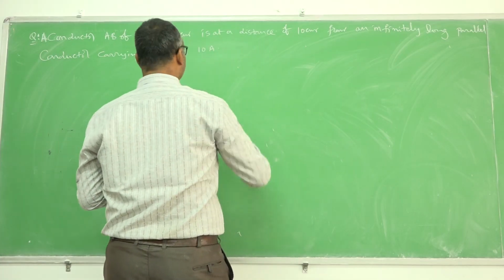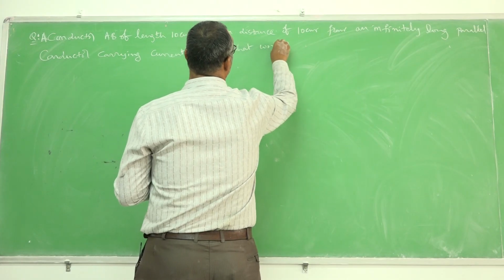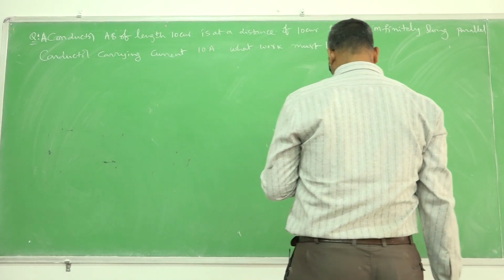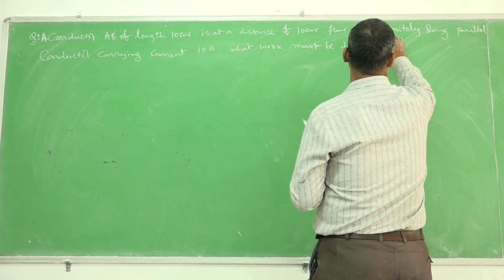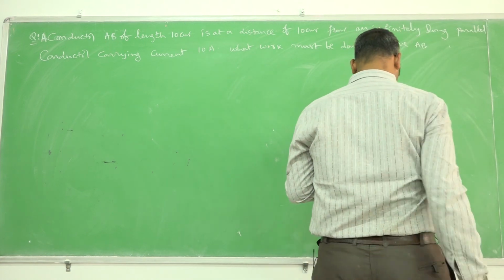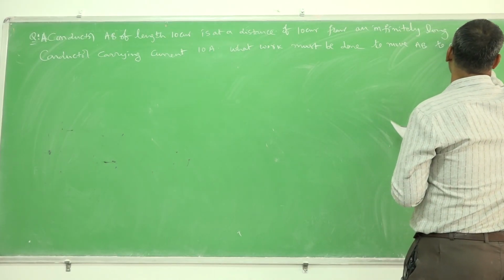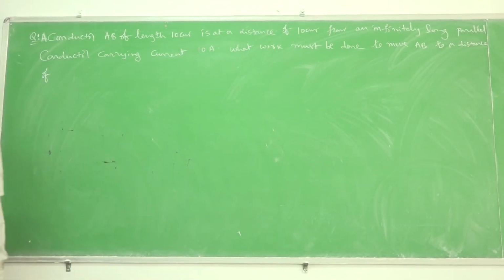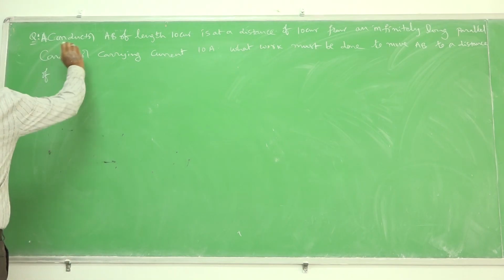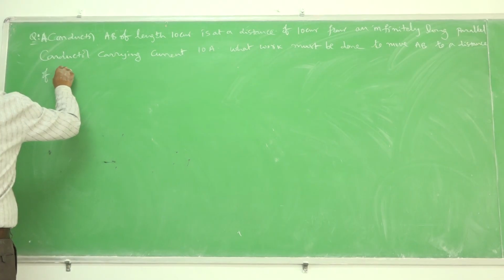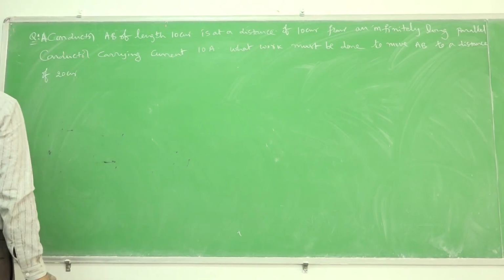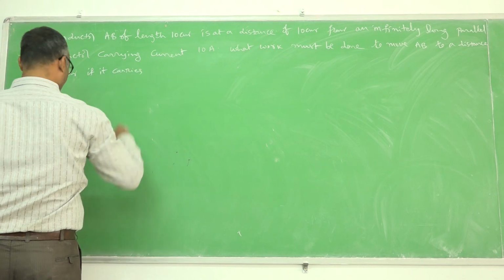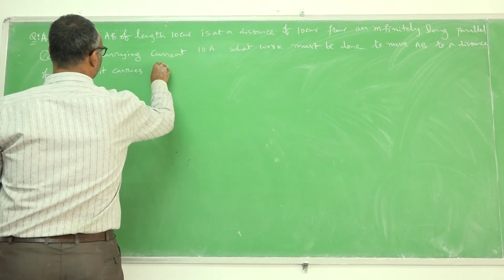What work must be done to move AB to a distance of 20 centimeters from it, if it carries 5 amperes. This is the question.